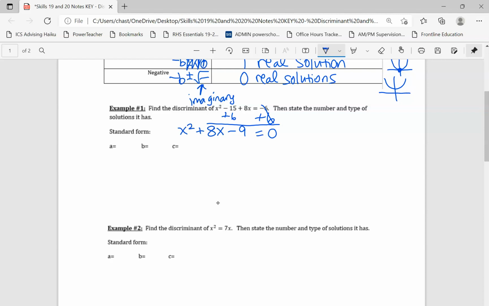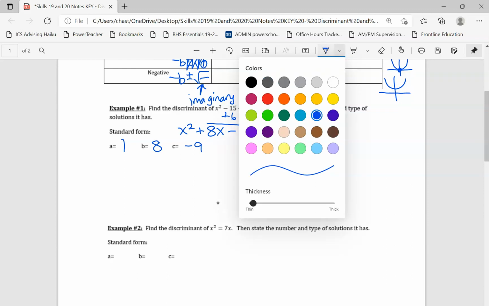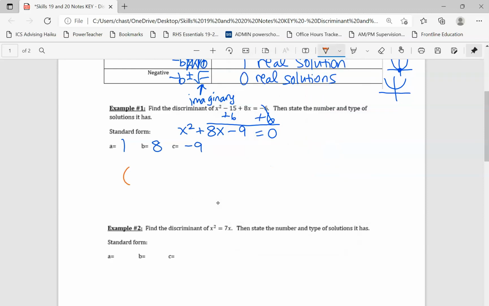So let's identify our a, b, and c values because we need each of those to do the discriminant. So a is 1, b is 8, and c is negative 9. What we're going to do is plug those numbers into the discriminant equation. It goes b squared, so 8 squared, minus 4 times a, which is 1, times c, which is negative 9.